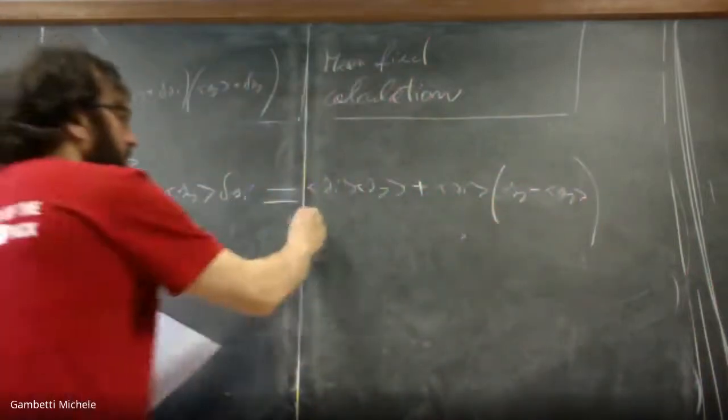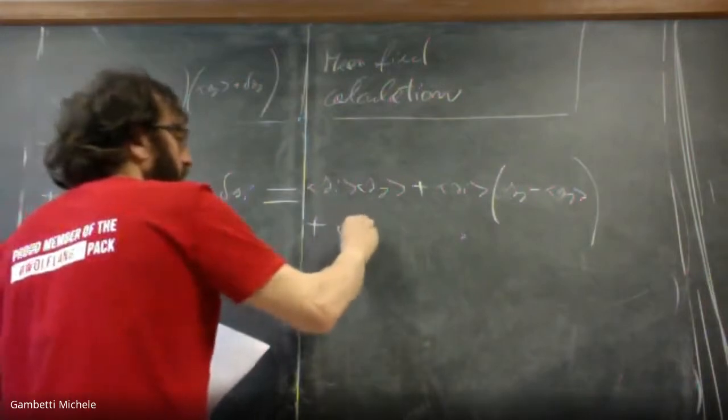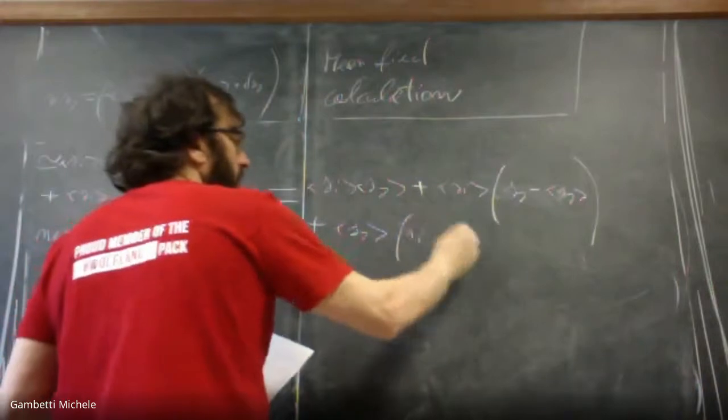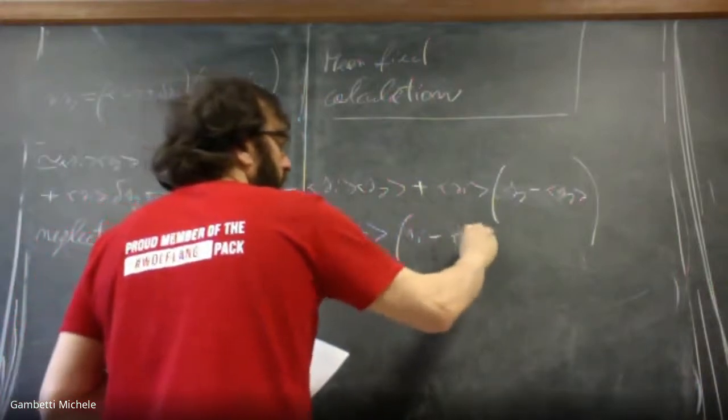And similarly, plus the average s_j times the fluctuation of s_i, which is s_i minus the average of s_i.